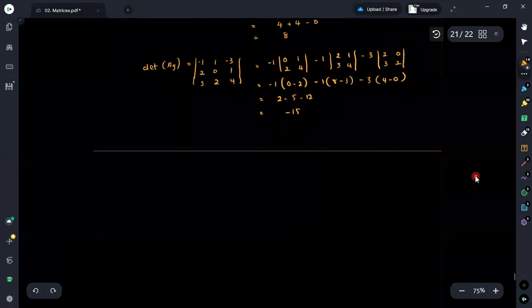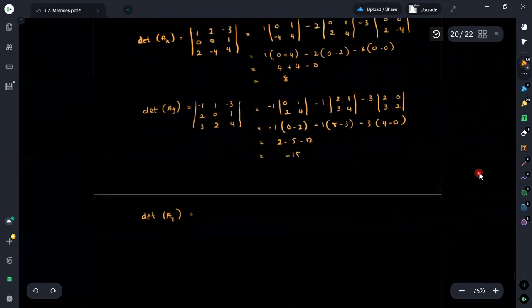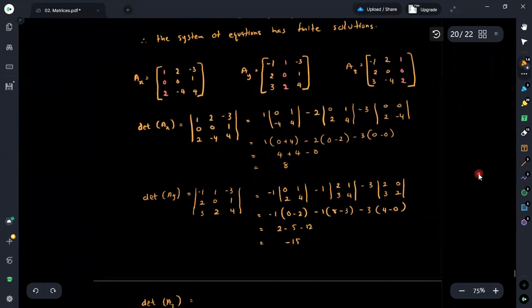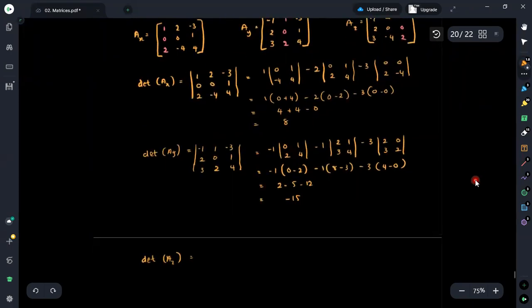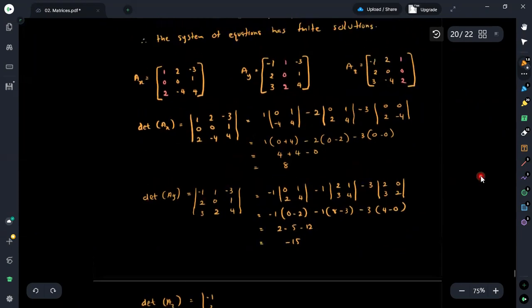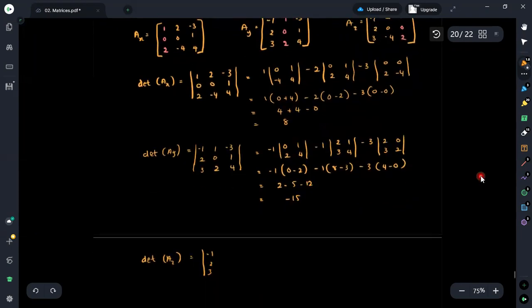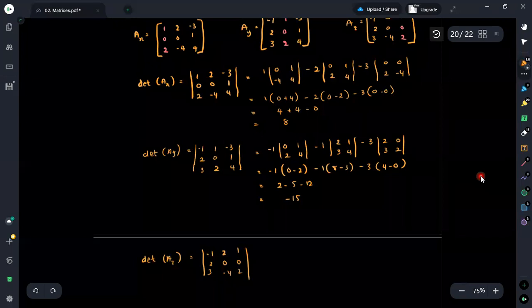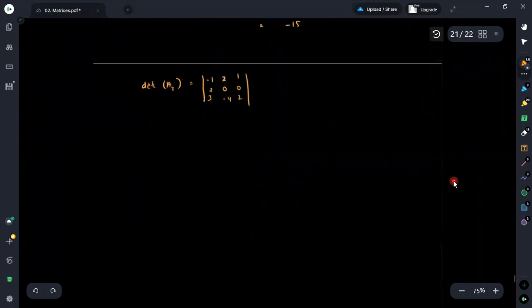Then I need to take the determinant for Az. It can be written as Az, and we know the values as minus 1, 2, and 3, 2, 1, 0, 0, minus 4. To get the determinant of matrix Az, we can write the values.